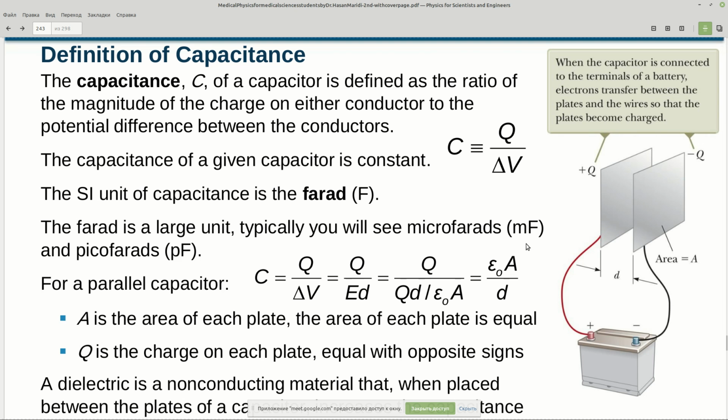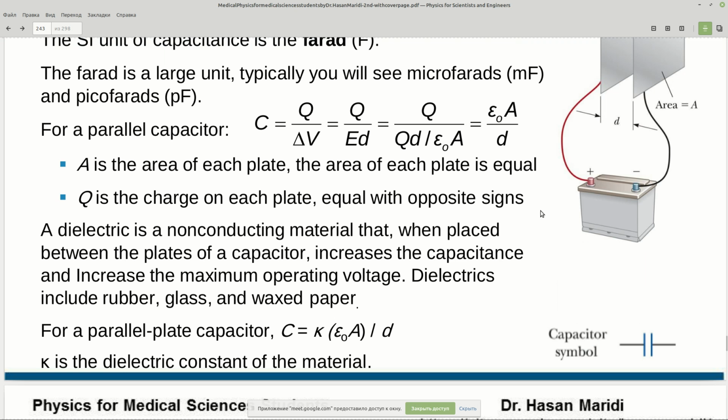Assume charges are moving over an area A, and if an amount of charge delta Q passes exactly through this cross-sectional area A in a time delta T, then the average current is the ratio delta Q divided by delta T. The symbol for electric current is I. It's common to refer to any moving charge as a charge carrier.